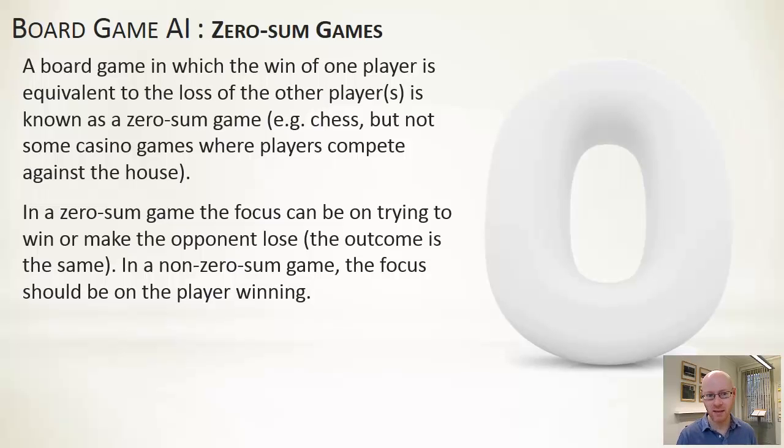If you focus on getting the player to win, then if they win, the other player loses. If you focus on getting the opponent to lose, then because it's zero-sum, the player, on the other hand, will win. So the outcome's exactly the same. That important distinction, between making the player win and making the opponent lose, is going to come into one of the key algorithms, known as the minimaxing algorithm.